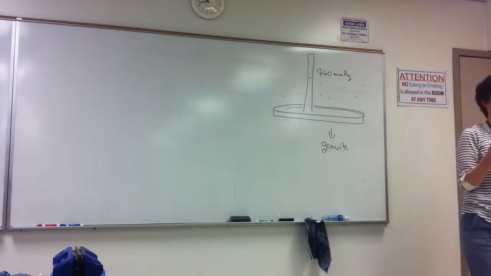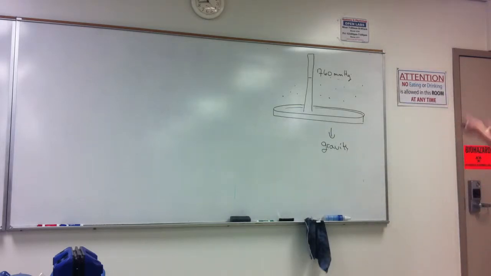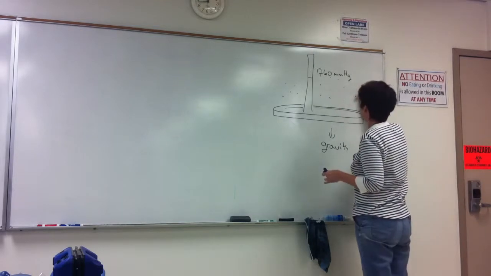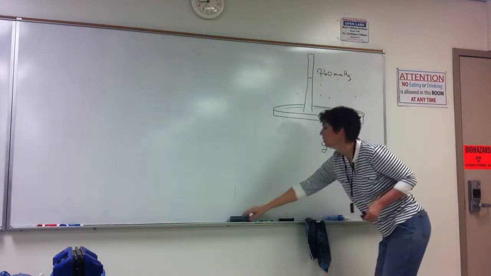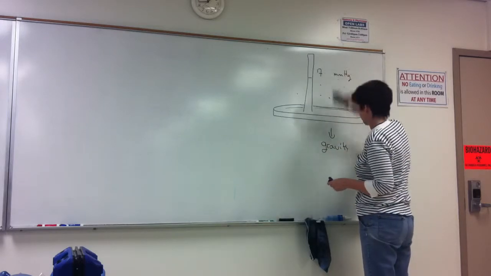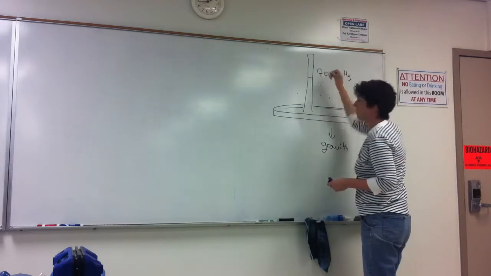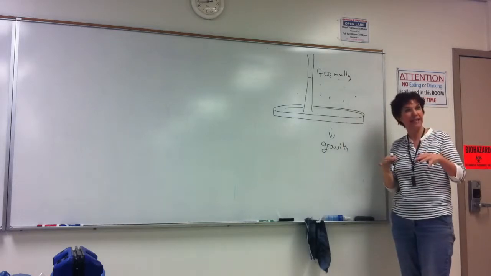So when we talk about atmospheric pressure at sea level, we say 760 millimeters of mercury. And it's kind of the essence of what we're talking about. If we were to take this same pan up to a higher altitude, farther away from the center of the Earth, there would be fewer gas molecules, and this number would decrease, and the force would be less.